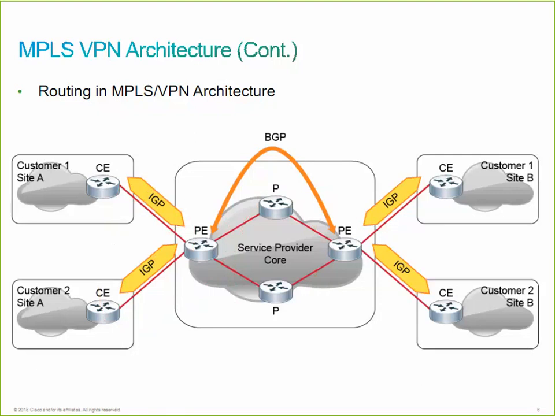The P routers are located in the core of the provider network, and they're connected to other P routers or to PE routers. The goal, of course, of a P router is transport. The customer is often not even aware that those P routers exist or how many P routers there are. That is part of the service provider's core network.